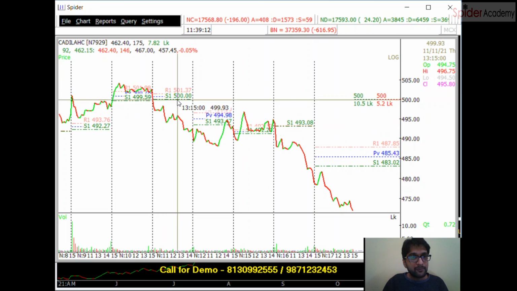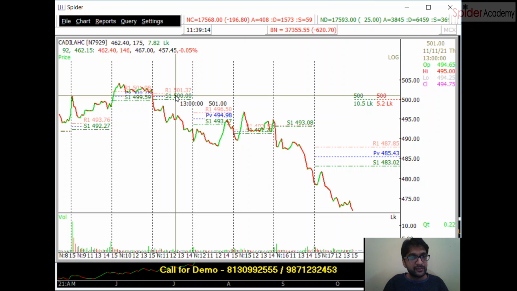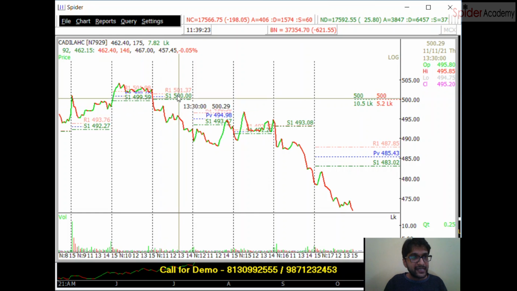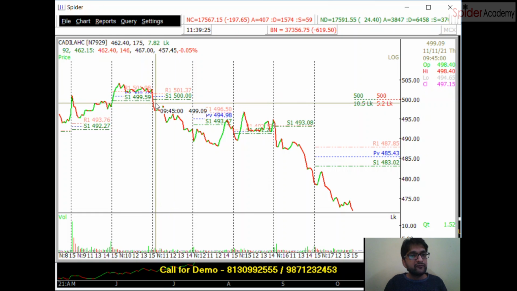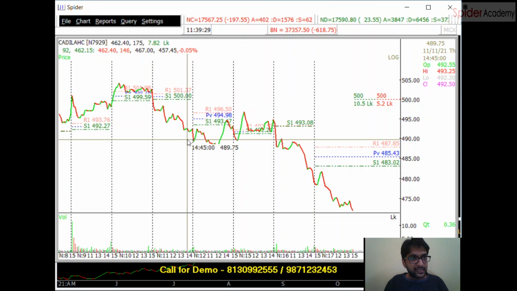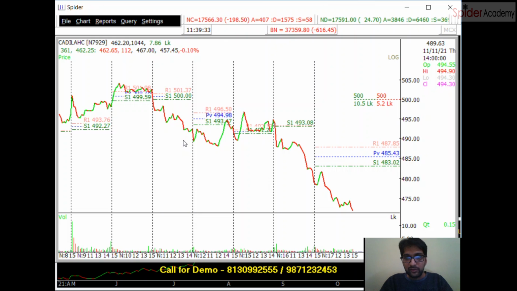This particular R1 and S1 are within the R1 and S1 of the previous day. So this is a kind of inside CPR, and it will give you good momentum, and you can see it in Cadila Healthcare. It is a very good move on that particular day.